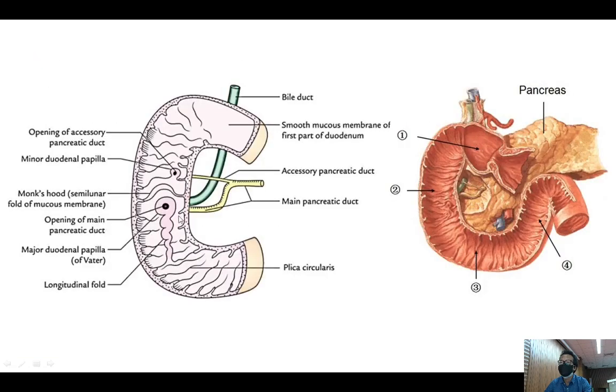So this is the major duodenal papilla. This is where the common pancreato-hepatic duct opens. The main pancreatic duct and the bile duct open here.